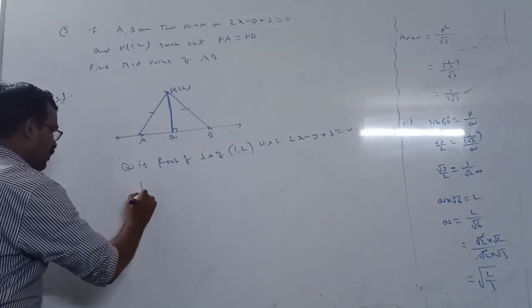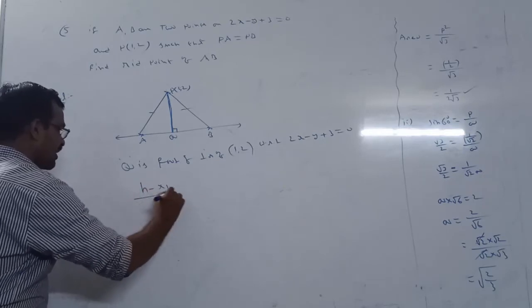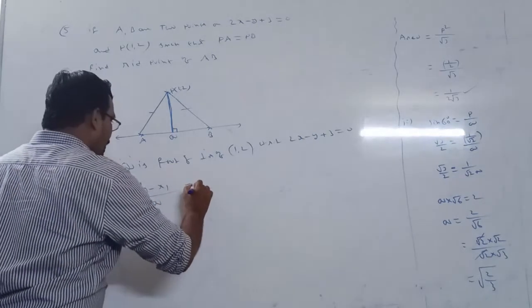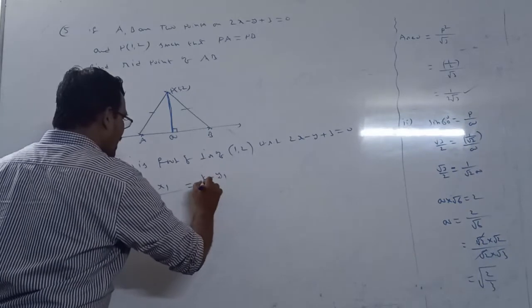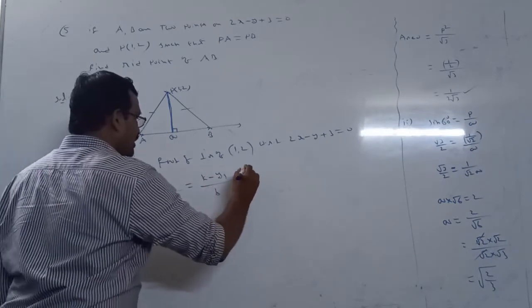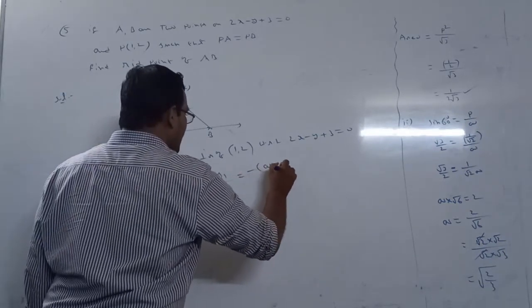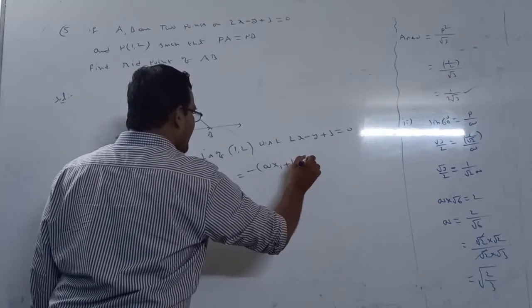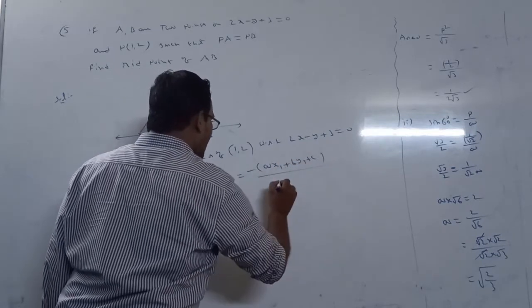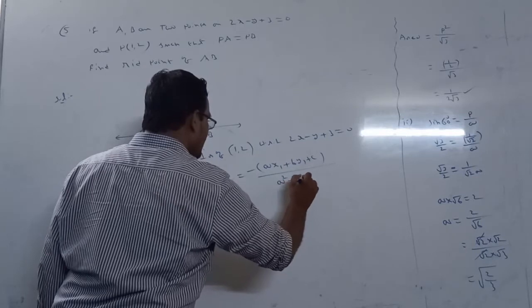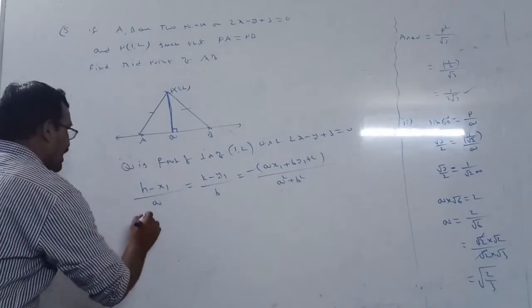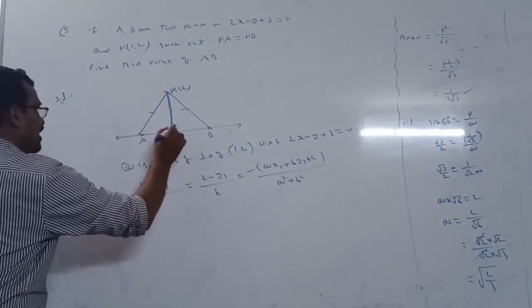We have the formula for the foot of the perpendicular: (h minus x1) by a equal to (k minus y1) by b equal to minus of (a x1 plus b y1 plus c) by (a square plus b square). So Q is h comma k.